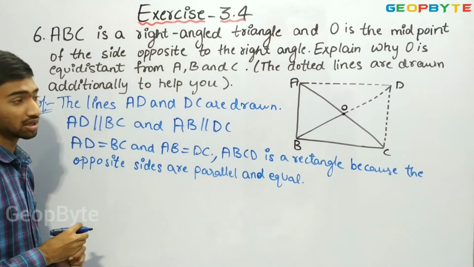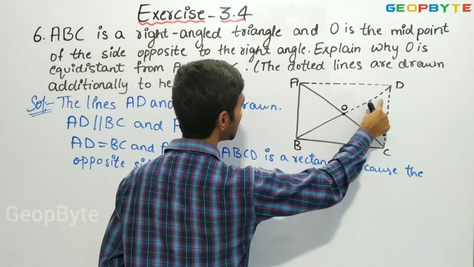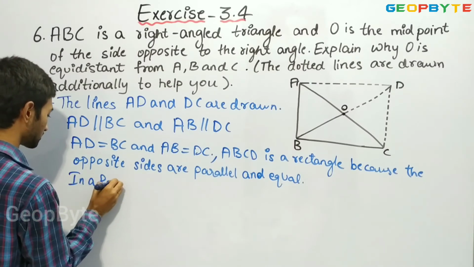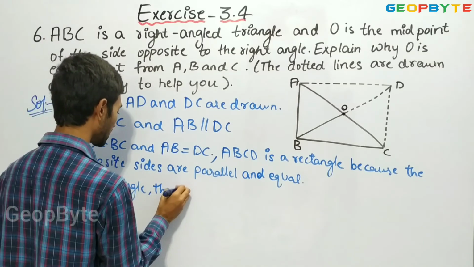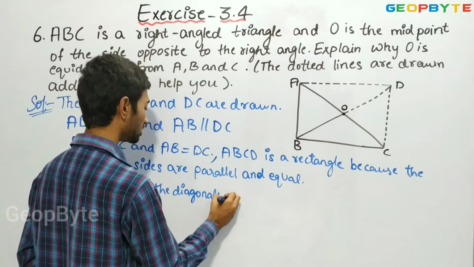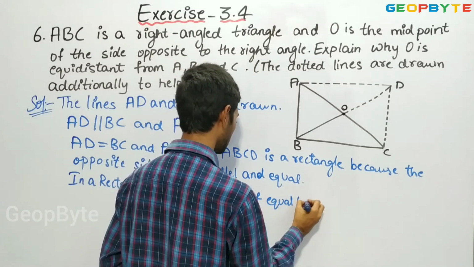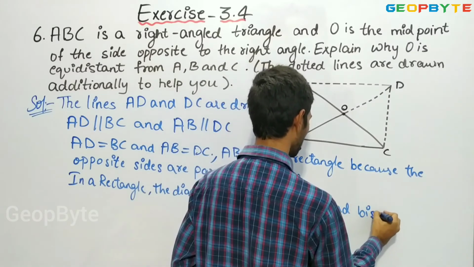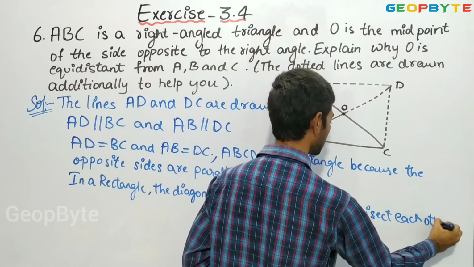So we know that in this rectangle the diagonals AC and BD bisect each other. In a rectangle the diagonals are of equal length and bisect each other.